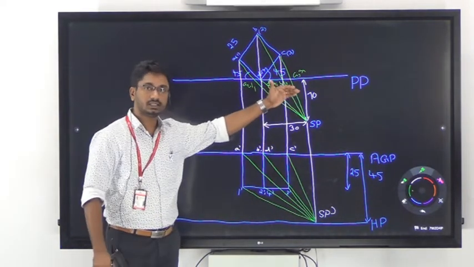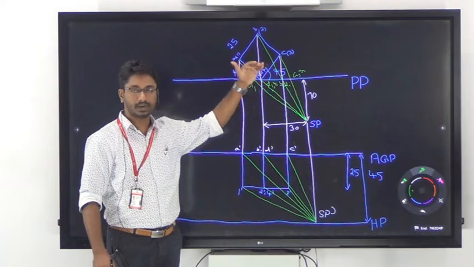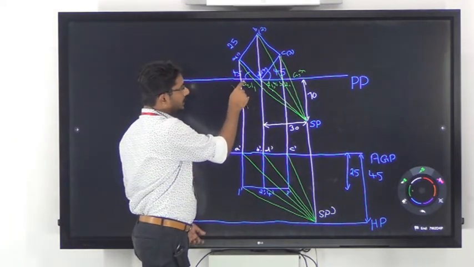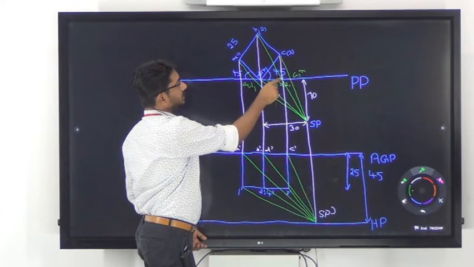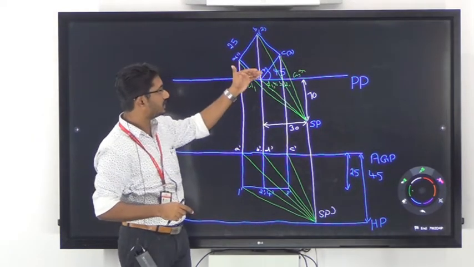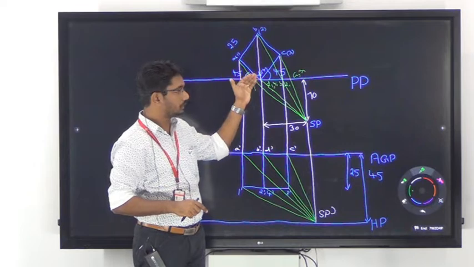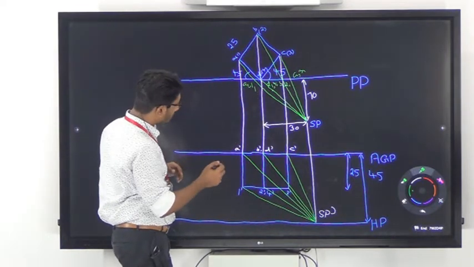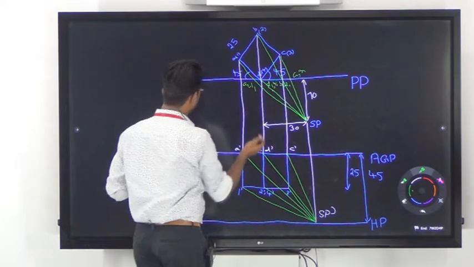Okay, now to get the points in the perspective view, you have to draw perpendiculars from the points A1, B1, C1 and D1, 1, 1, 4, 1, 2, 1 and 3, 1. So first we are drawing the perpendicular from the point A1.